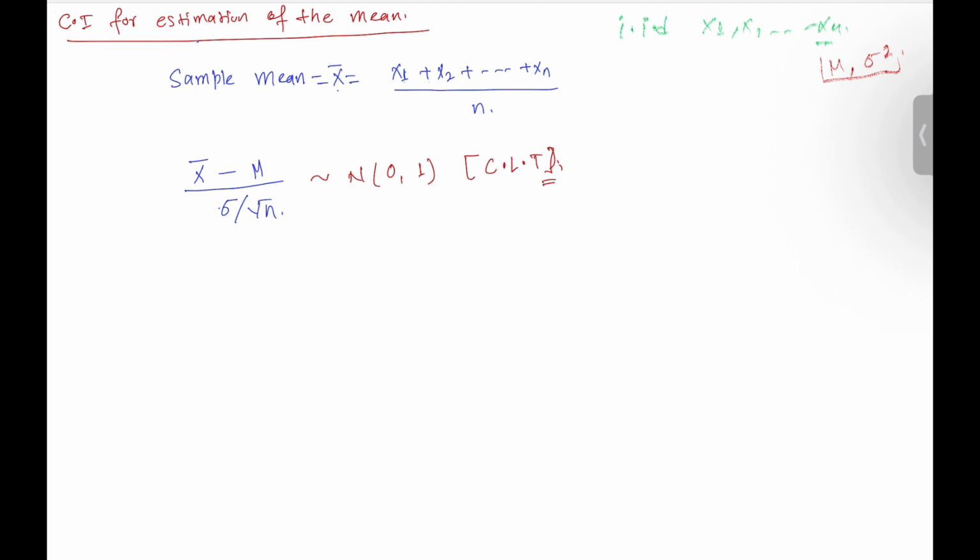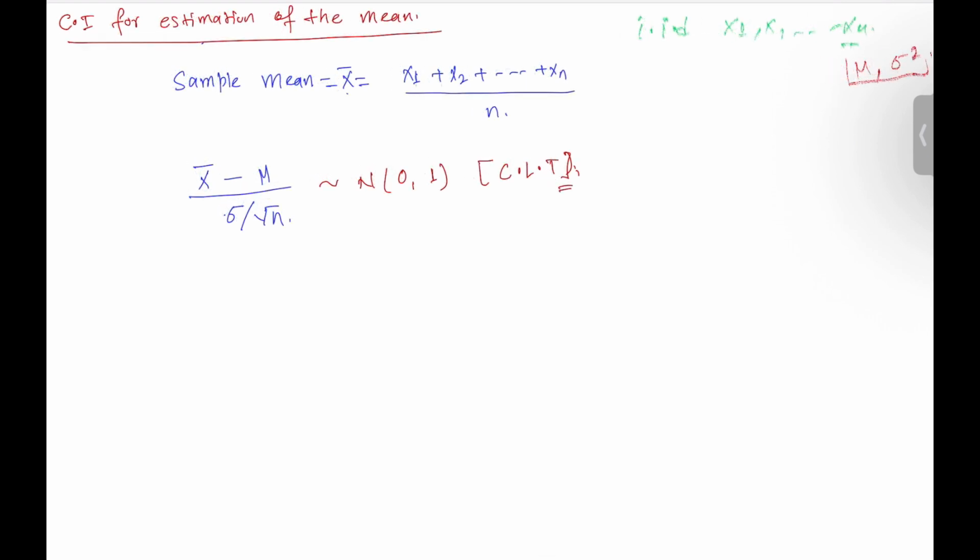So if we think of a standard normal random variable with the mean 0 and the variance 1, let's suppose we have this standard normal random variable, right? So we can treat this as a standard normal random variable, right?